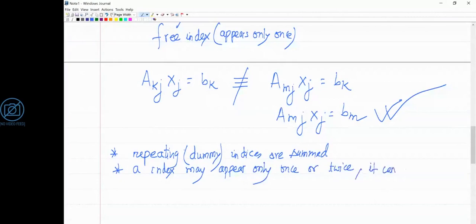It cannot appear more than twice. Okay, so you can't have an index appearing 3 times, for example.